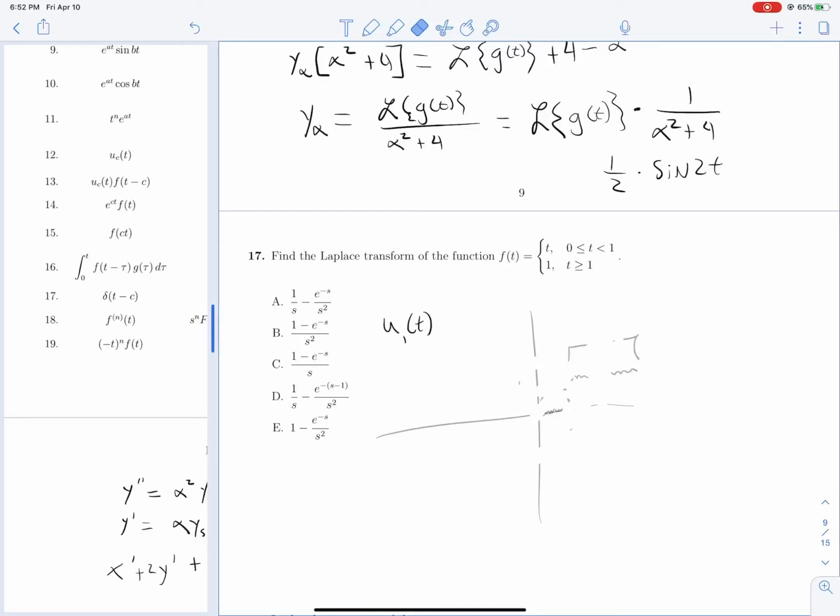That doesn't actually make sense. I hope you understand what I mean. So we want our function to be equal to t from 0 to 1. I'll actually just bring this graph right back. So equal to t from 0 to 1, and then equal to 1 elsewhere.